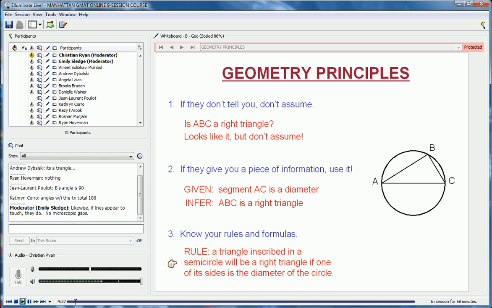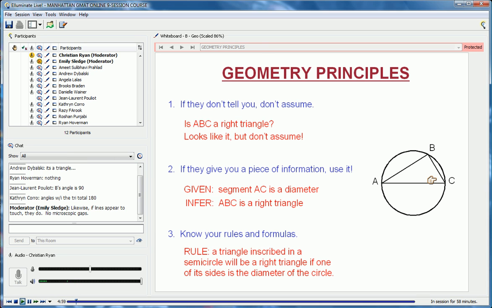How important is that rule? Well, it shows up in the problem here and there. There are other rules that may be more important, such as the one that Catherine brought up, that all the angles within any triangle add up to 180 is a critical rule. You just have to know that one. You don't want to be re-deriving it.